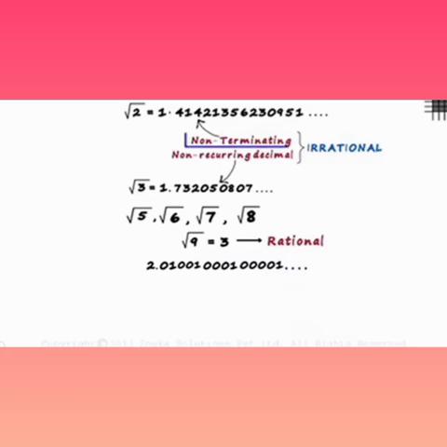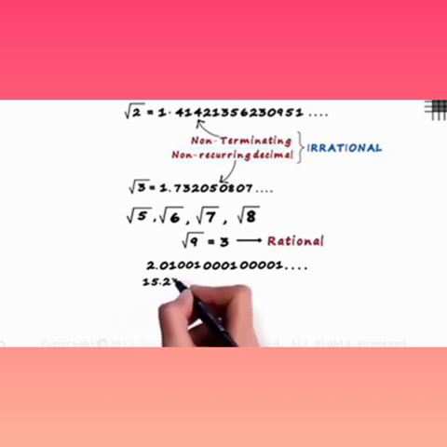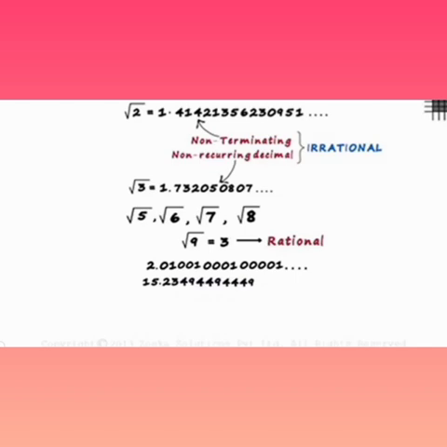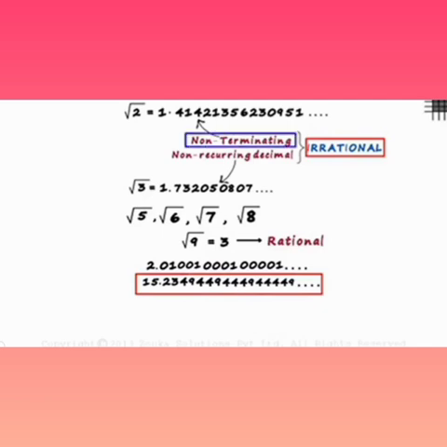Here, the number does not end and is also non-recurring. This means that there is no pattern that repeats forever. You can even have a number like 15.2349, 449, 4449, 44449 and so on. This is also irrational as it is non-terminating and non-recurring.